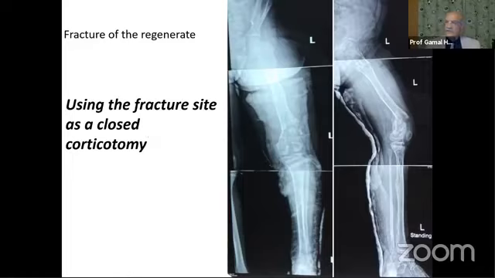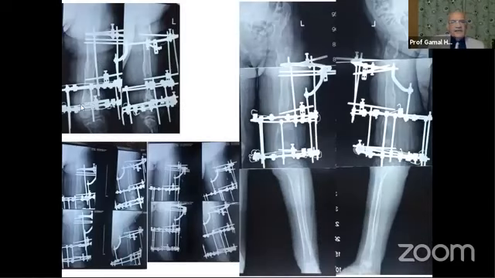You know, the best corticotomy is a closed corticotomy because it keeps the blood supply. So we put the patient in a frame and we reduced the fracture post-operatively 1 millimeter per day. Then we waited for a couple of weeks. Then we start lengthening. You see the lengthening here, 6 centimeter lengthening.